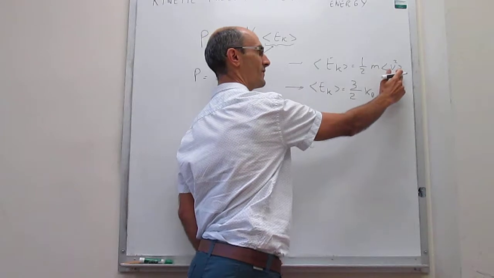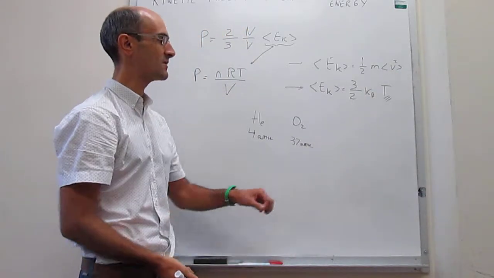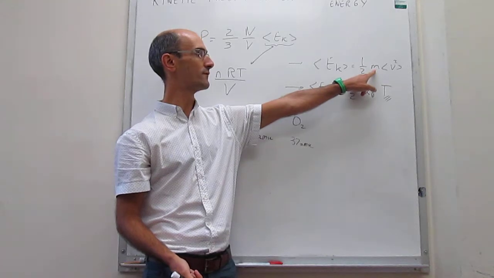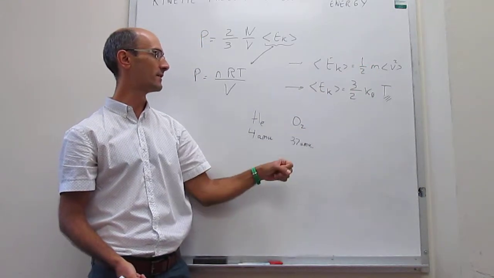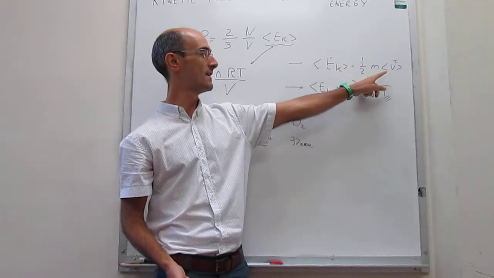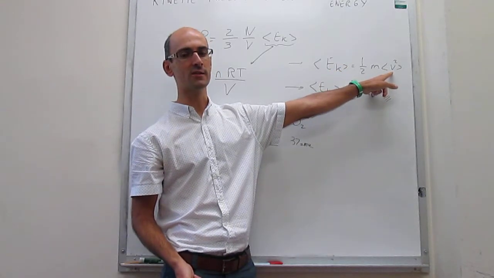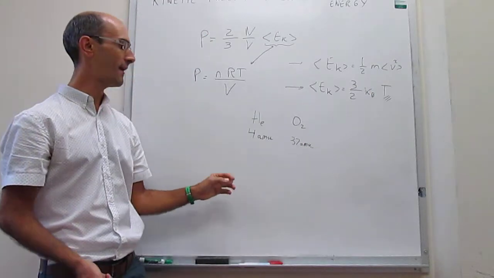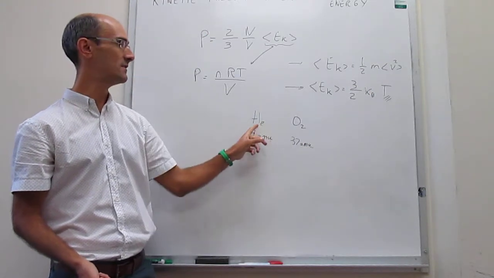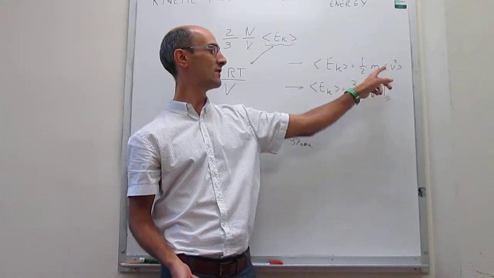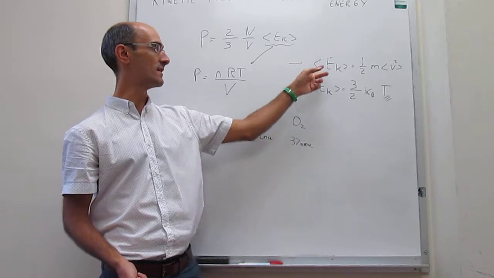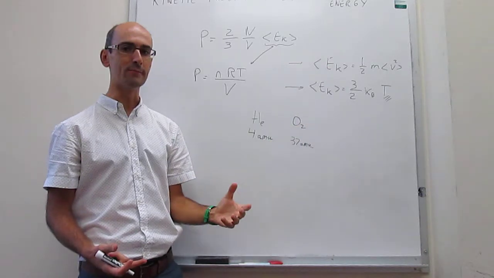The way to reconcile that is to look at this expression: the mass is very different for helium and oxygen. In order for the kinetic energy to be the same for both gases, the velocity also has to be different. Even though helium is lighter than oxygen, its average velocity should be much larger than that of oxygen, so that the kinetic energy is the same for both.